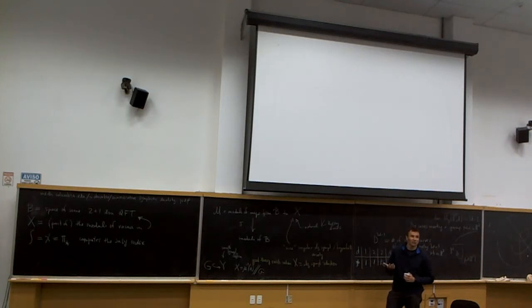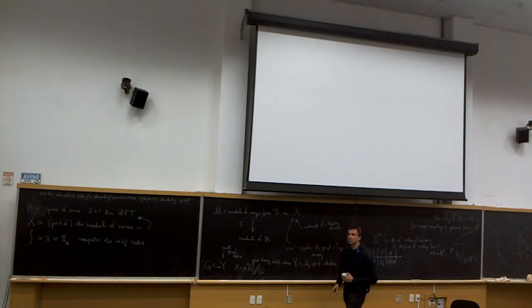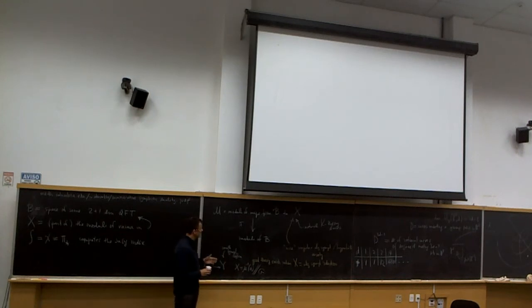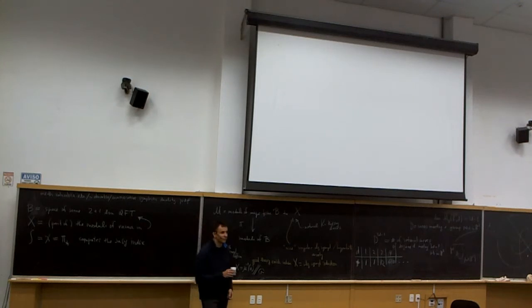If you go outside of type A, it's not known how to present it in this way. In type A it can be presented this way, and outside it's not. So to present the flag variety as an algebraic symplectic reduction by a reductive group, that's unknown outside of type A.